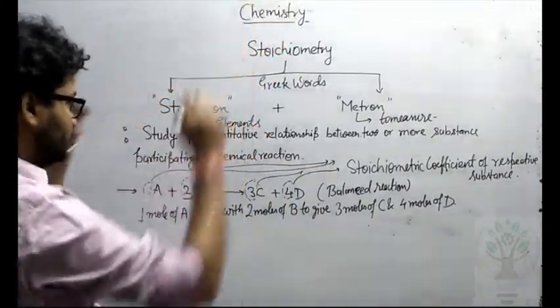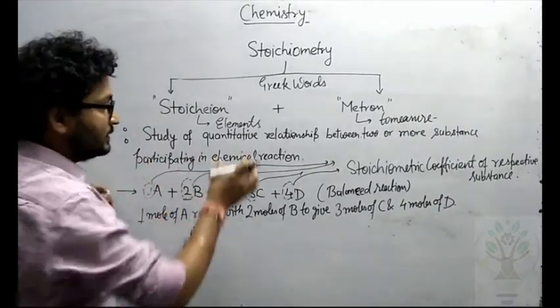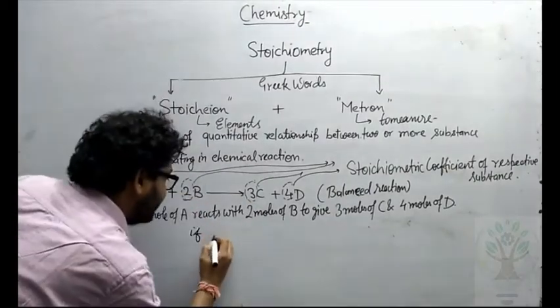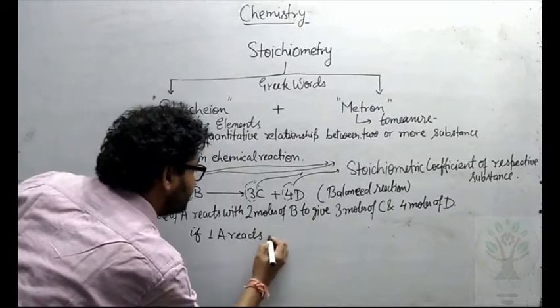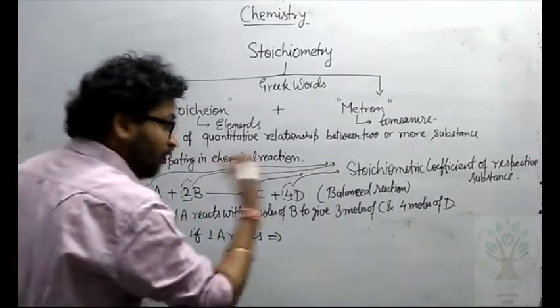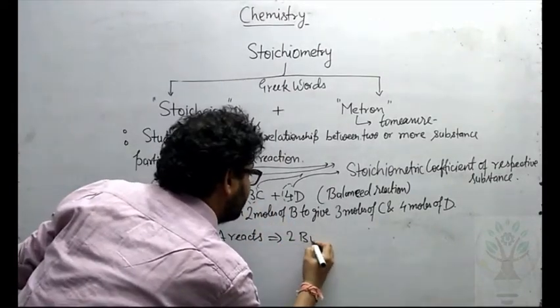So let me write this as well. Let's see the relations. As I told you, it is nothing but a relationship. So let's see what the relation is. If 1A reacts, how many moles of B will react? 2B will also react.